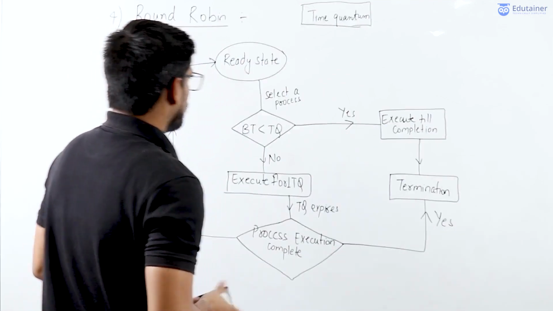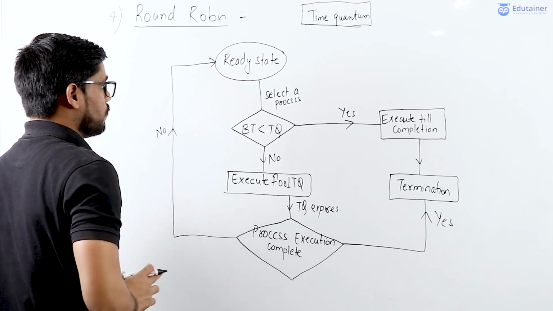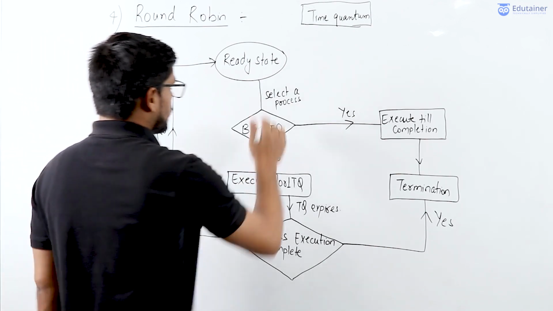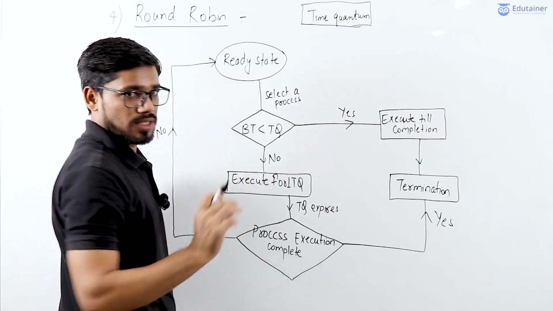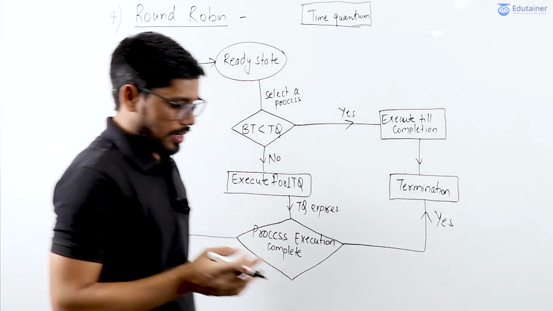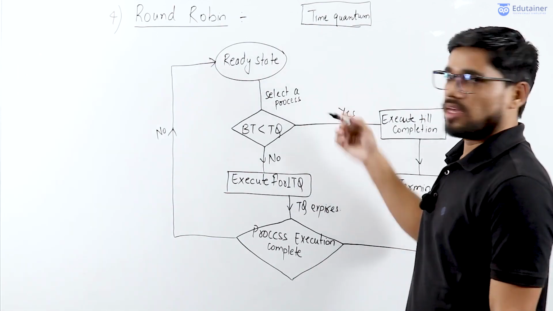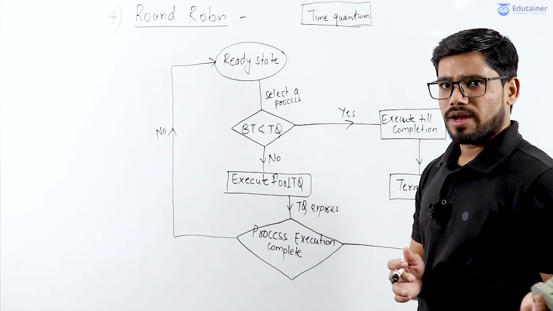Now, this is the flow diagram which represents the round robin algorithm. In the ready state, we pick a process, and the process picking is generally based on the arrival time.